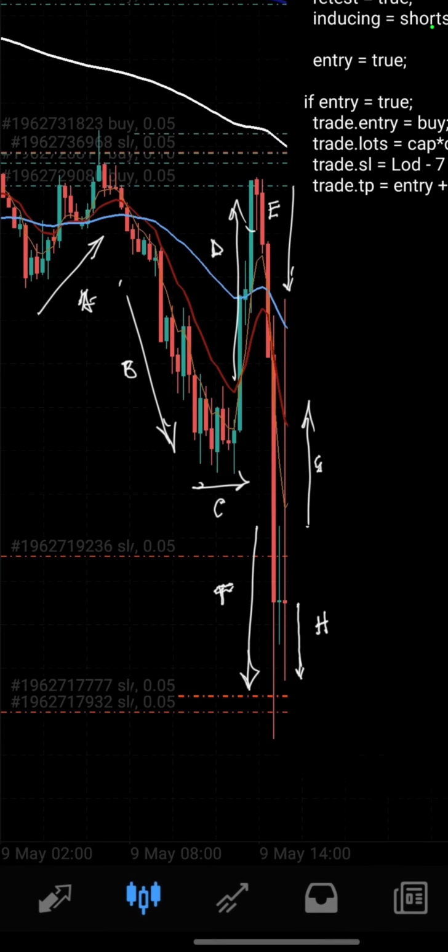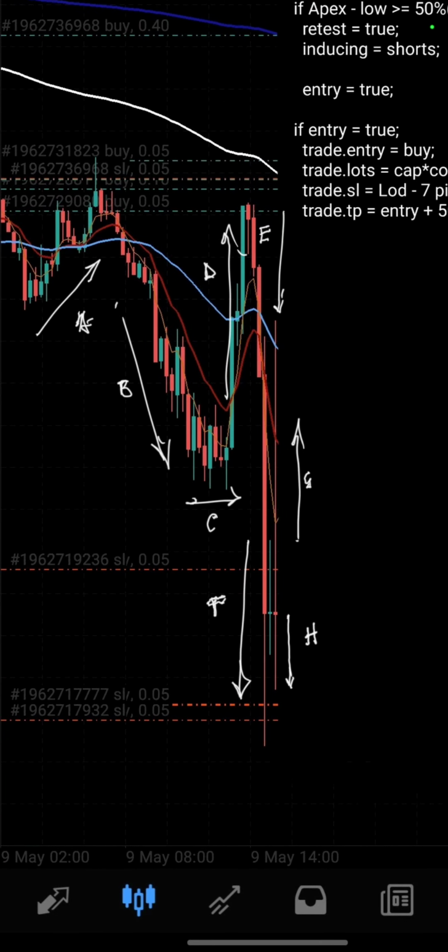As you can see from the orders that have been placed there, the first orders were placed as soon as the F candle, the big candle, formed. As soon as it had made its aggressive move to the downside, the size of that candle was 50 pips.